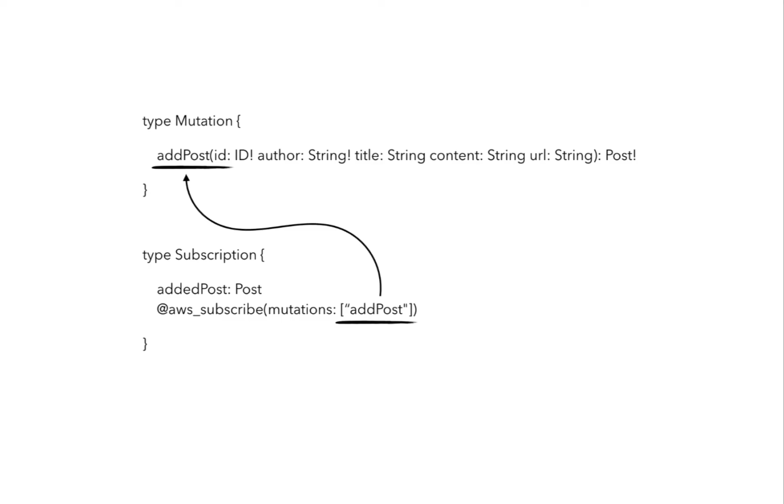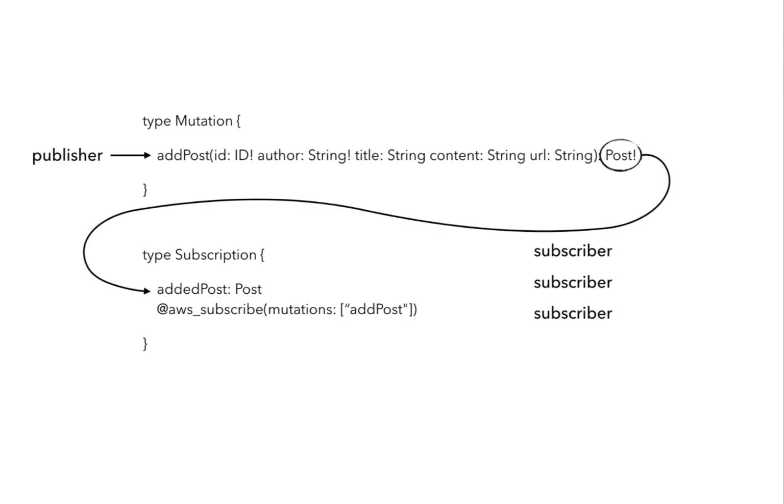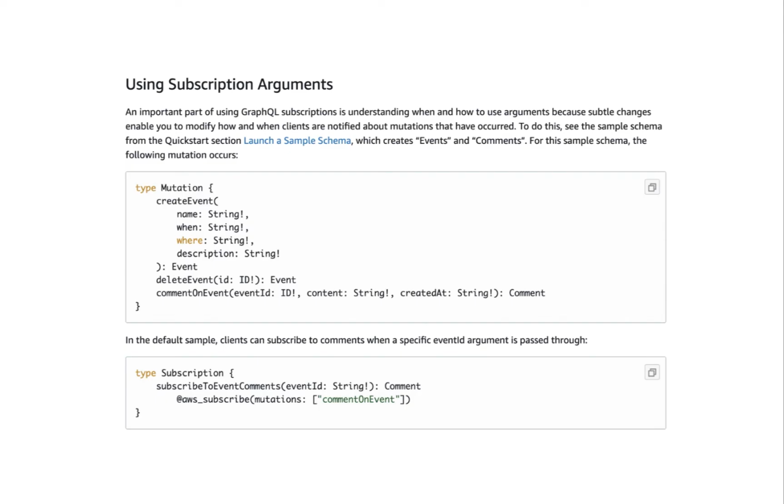So I connect the subscription with the mutation, and when a client subscribes to this added post subscription, then every time I make an add post mutation, the resulting post object will be sent to the subscription and broadcast to all the subscribers. What's more, you can add arguments to the subscription operations, so it allows the subscribers to choose what events to subscribe to.